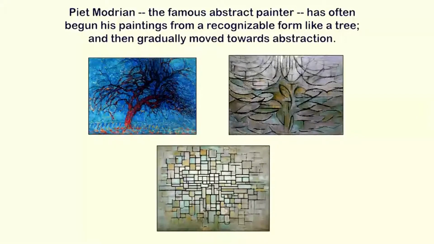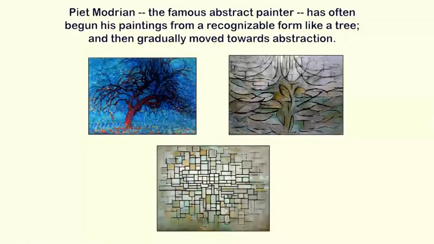And one of the greatest examples of this kind is Piet Mondrian, because he has often begun from a very recognizable form like a tree here. As you can see in these three paintings, the first one on the upper left, the blue tree, a blue composition in tree, the form is pretty close to how we visually perceive. It is very recognizable.